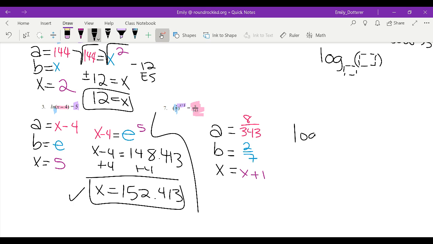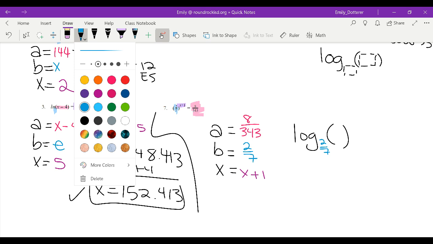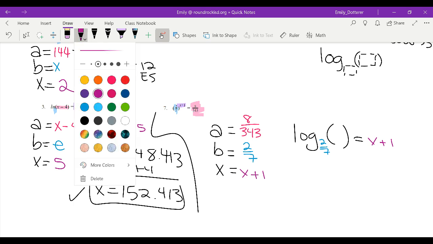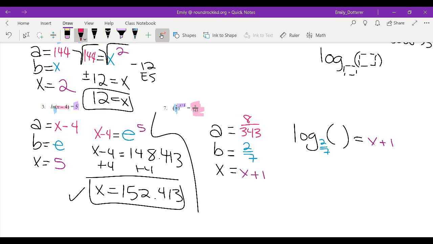So we're going to convert this to a logarithm. It's going to be log base 2 over 7 of 8 over 343 equals x plus 1.